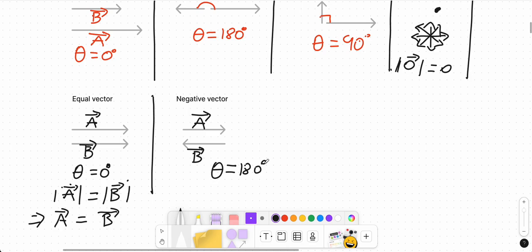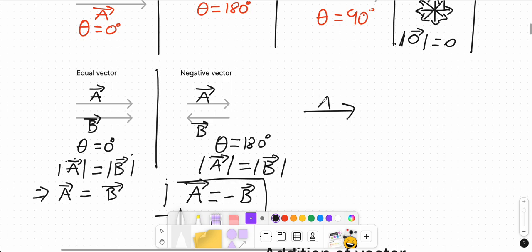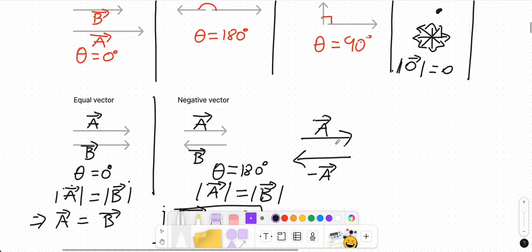That means they are antiparallel and the magnitude of A is equal to the magnitude of B. So I can write A is equal to minus B. A is the negative vector of B or B is the negative vector of A, whatever. So if this is A vector, then the negative vector of A is minus A. I hope till now it's clear.